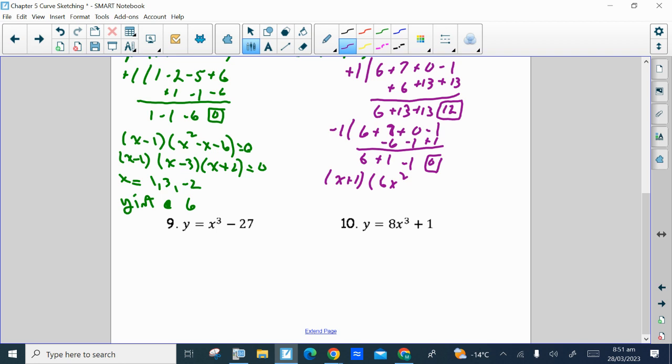Also, the quotient, those three numbers at the bottom, give us the coefficients of the other factor, which will be a quadratic, 6x squared plus 1x minus 1. And that quadratic can be factored further. The factors are 2x plus 1 and 3x minus 1, which gives us x-intercepts of negative 1, negative 1/2, positive 1/3.